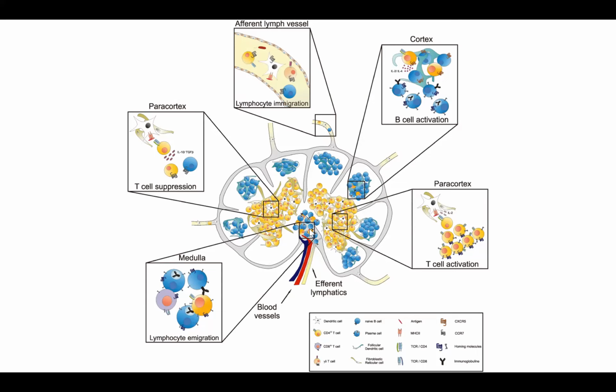And this is where you have lymphatic accumulation that's taking place to be able to start leaving the lymph node. And in the paracortex, not only do you have T cell activation, but you need T cell suppression. And this is going to be important because when we start going into the details of the AIDS-like syndrome, there is this interplay that's happening between T cell suppression and T cell activation. Okay.